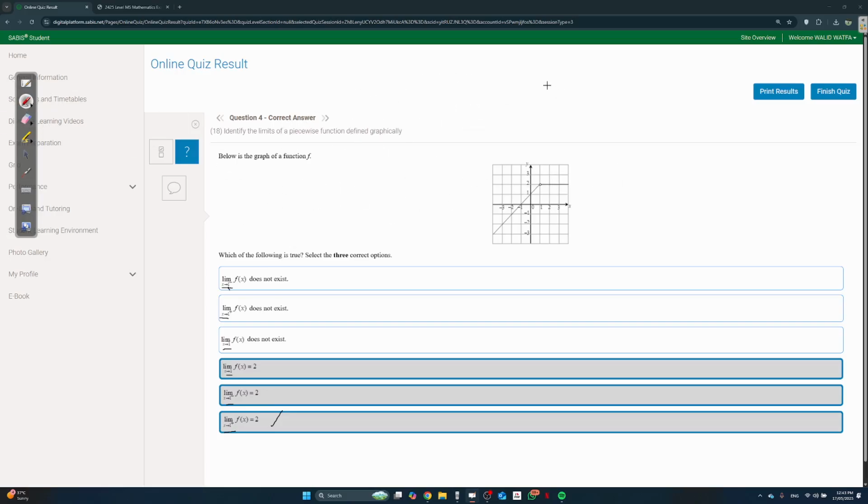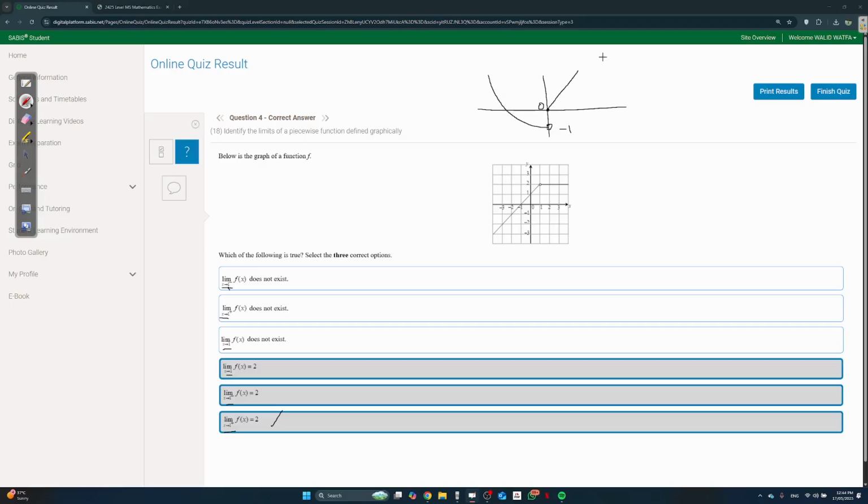Let me give you an example. If you have a function like this, I drew for you the open circle so you can know that it's a piecewise function. I'm going to put -1 here and 0. It goes like this, and then it switches. It goes like this.